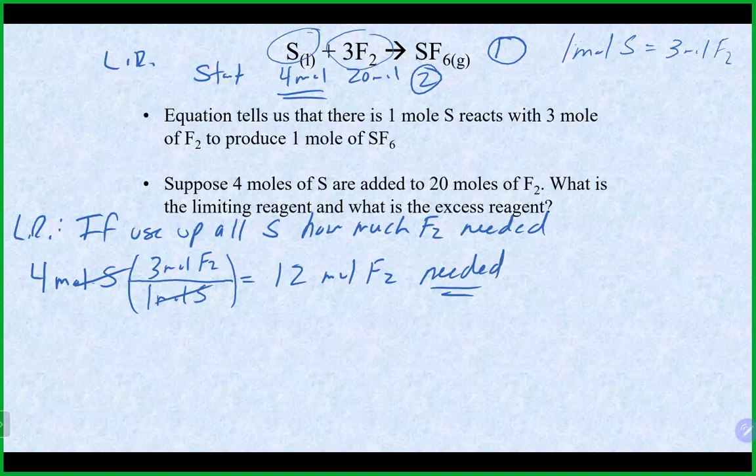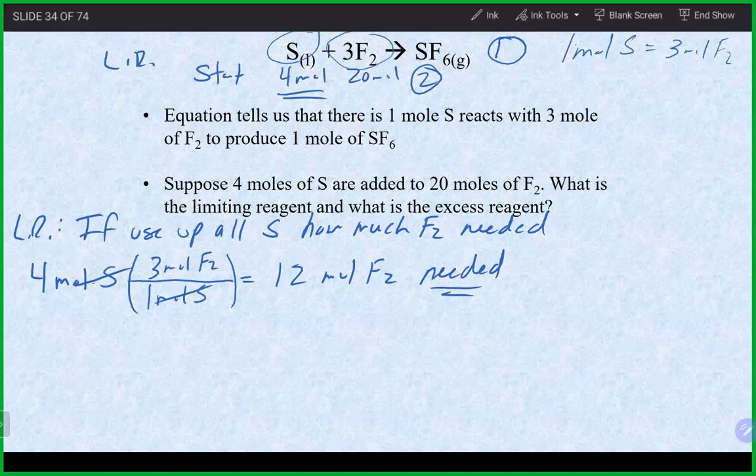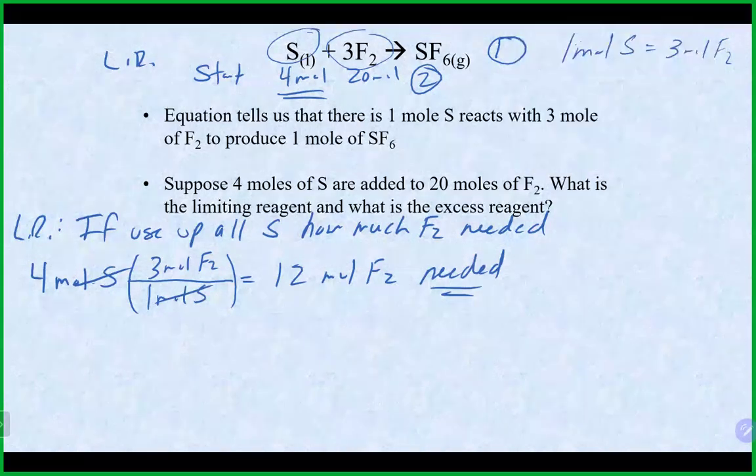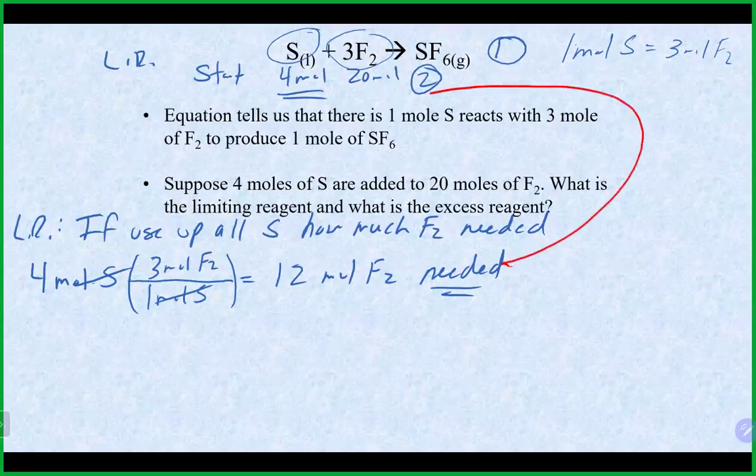At this point, what we just calculated was I need 12 moles of fluorine. And how many moles of fluorine am I starting with? I am starting with 20 moles. So I want to compare how much I need to how many moles I'm starting with. And if I need 12 and I have 20, do I have enough? I do have enough, right?